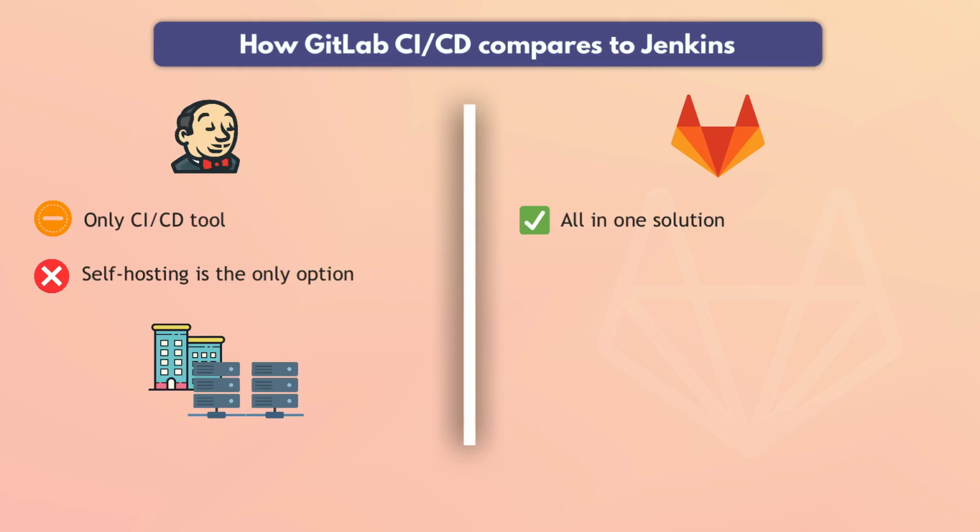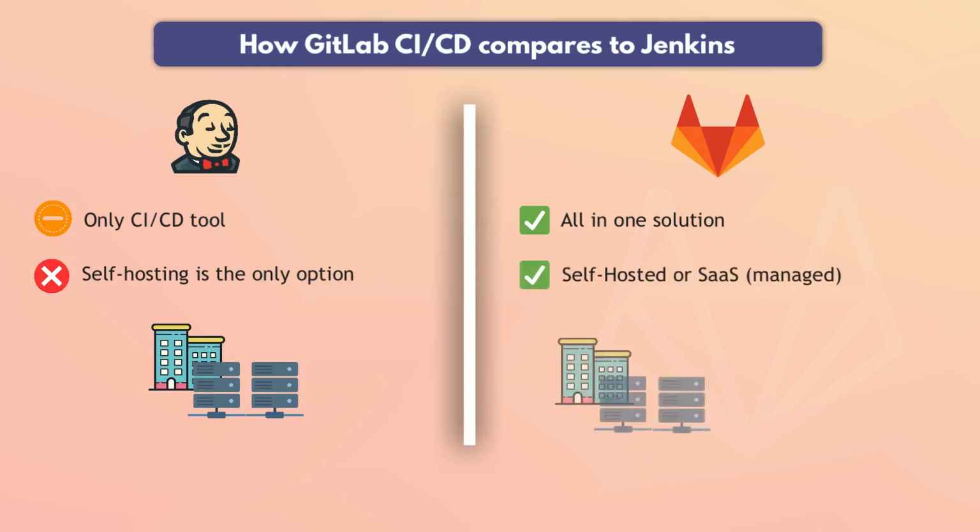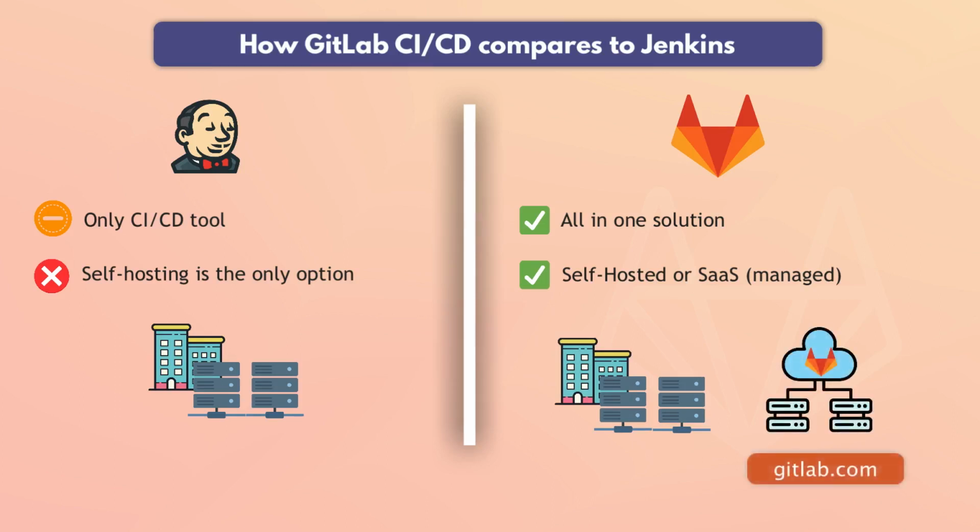And there is one more difference, which is that Jenkins is a tool that you basically install on your server and you host it yourself. You manage the installation and everything yourself, while GitLab actually offers not only a self-managed instance, which like Jenkins, you can install on your own company server and have your own GitLab installation, but it also offers a managed platform, which is gitlab.com, which every user, you and I, but also organizations can use to host their private and public repositories.